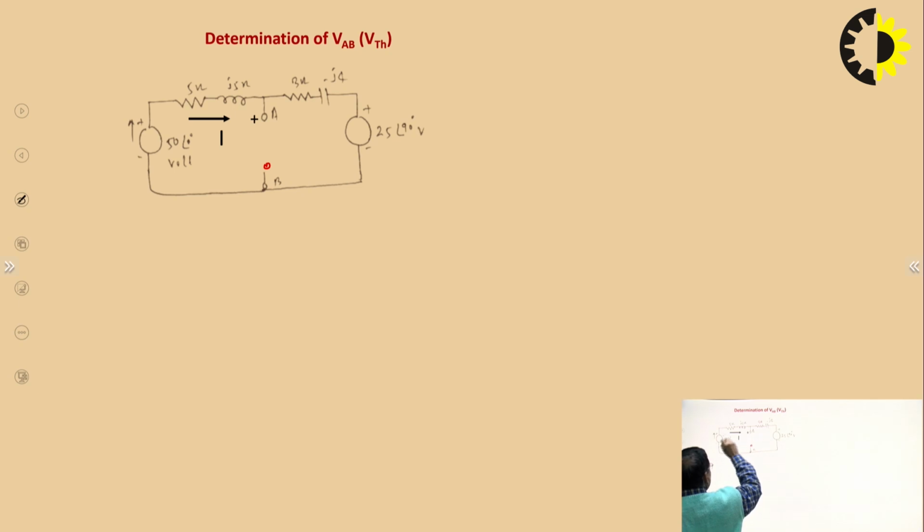We have to find the current through this circuit, and then either we go in this way, or in this way we can get the VTH. So first you have to find the I, because VTH is the drop across these impedances.